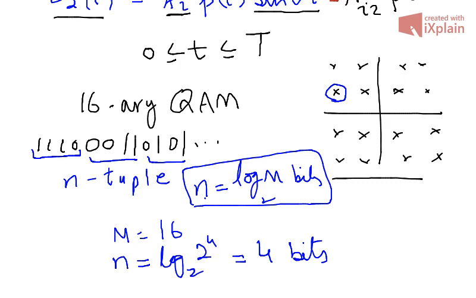Now we can map this. Suppose these are the first 4 bits of this sequence, and for the first 4 bits I select a signal. This is 1110, right? So for the first 4 bits we transmit this signal, the symbol corresponding to the first 4 bits.